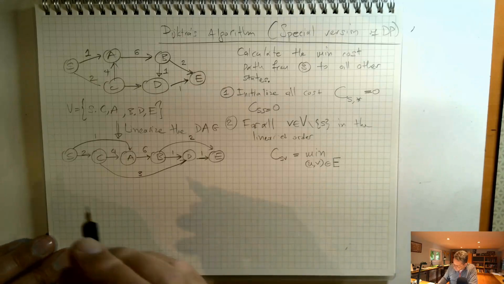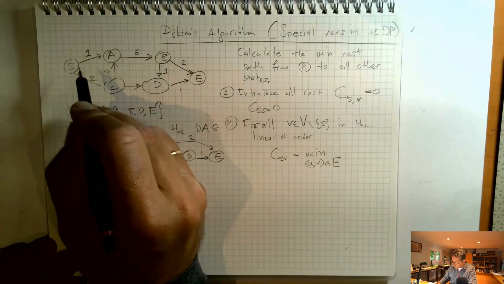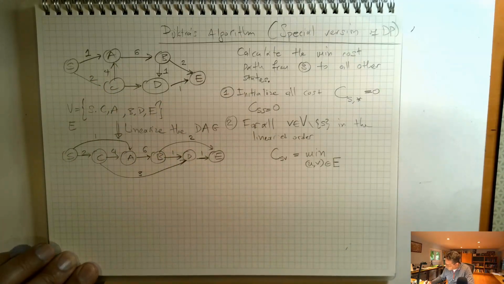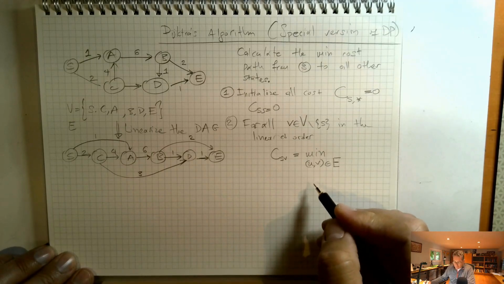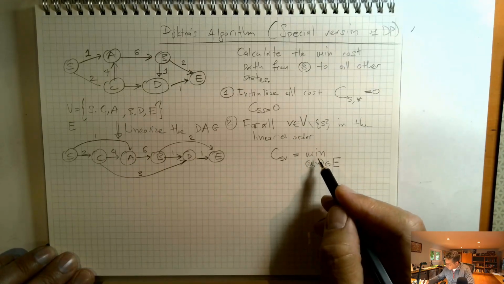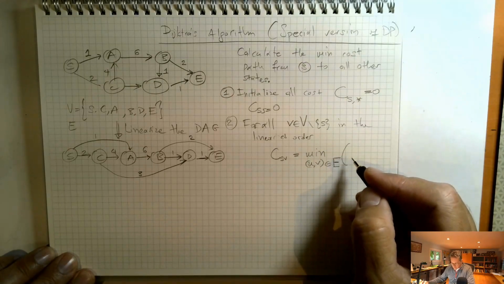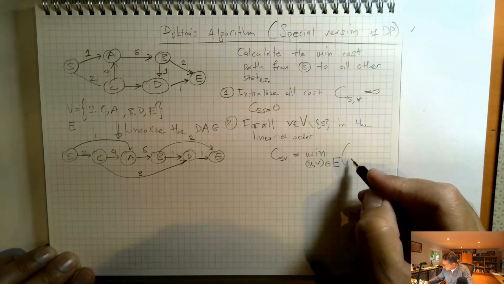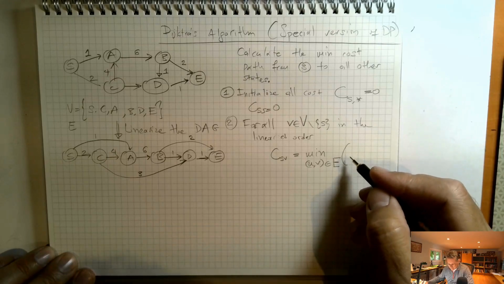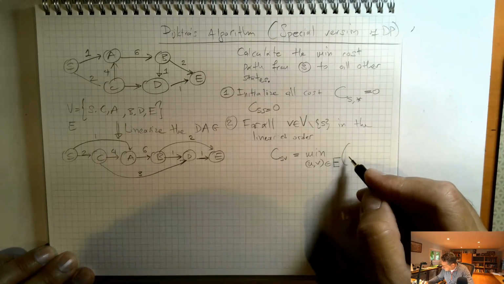I forgot that there's also a set of edges with all the edges in the graph. So for all the edges, we take the minimum of quantities associated with the edge cost, plus the total cost until node U.